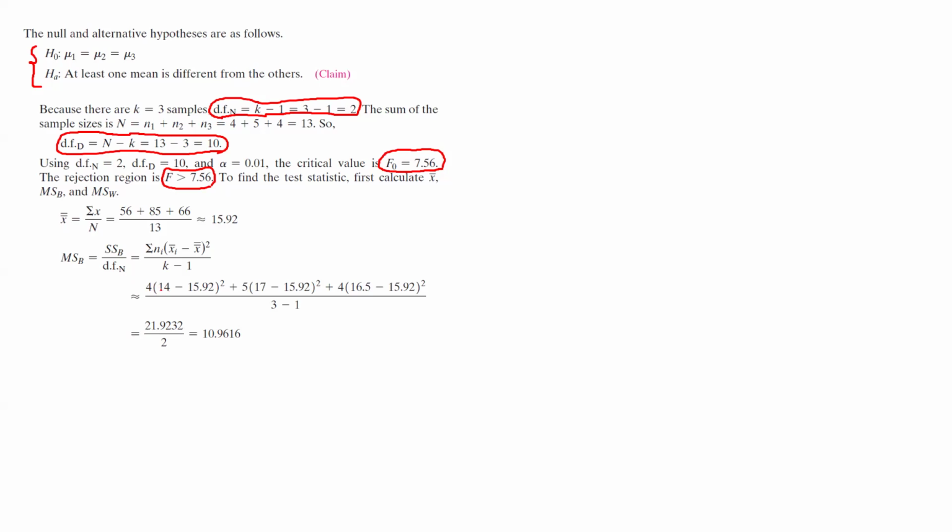The mean of the first sample is 14, minus the grand mean that we calculated here, 15.92, raised to the second power, plus 5 times the mean of the second category, 17, minus 15.92, raised to the second power, plus 4, the number of data in the third category, times the average of the third category minus the grand mean to the second power, divided by k minus 1, which is 2. If you do the division, for now we have 10.9616.